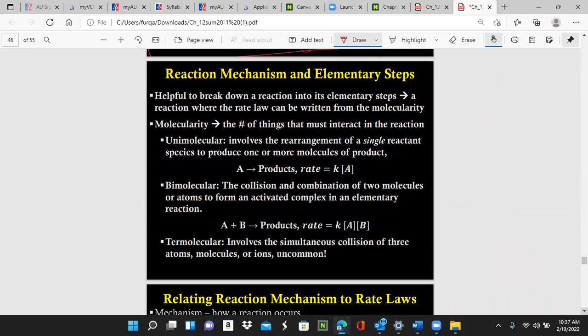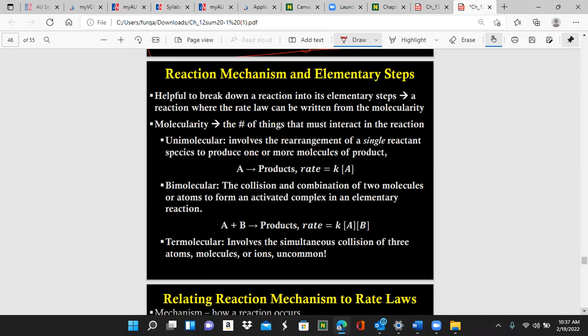Next part is reaction mechanism. What we have learned earlier is that we can give the rate law by looking at the chemical equation, mostly by just looking at the reactants. We do not really need to look at the products. But now we'll see that determining the rate law is even more complicated.